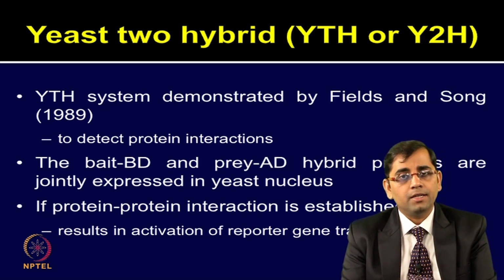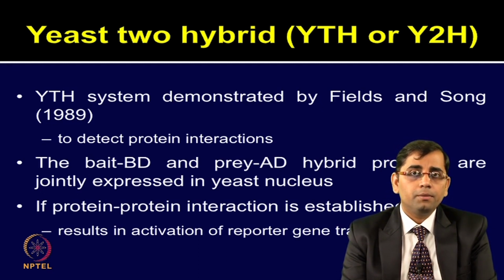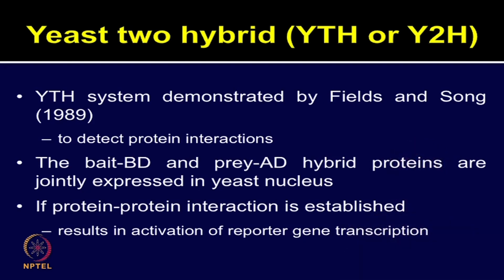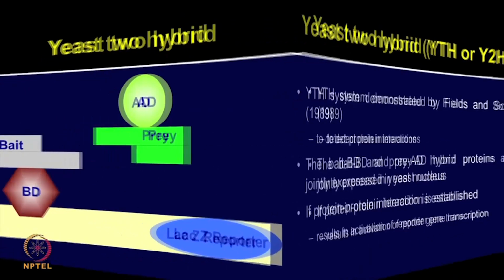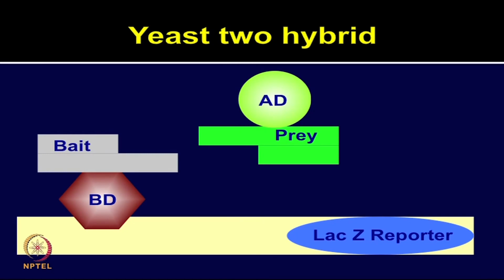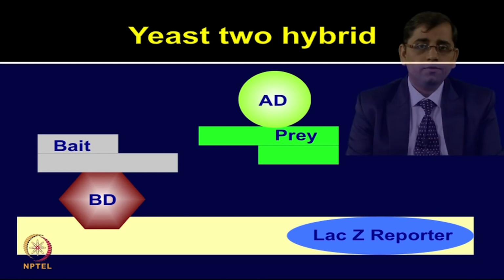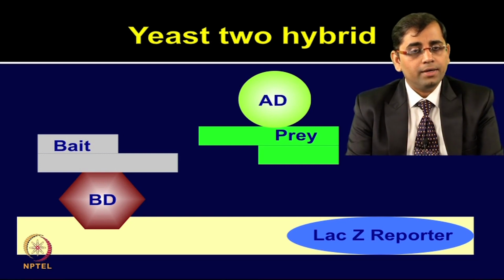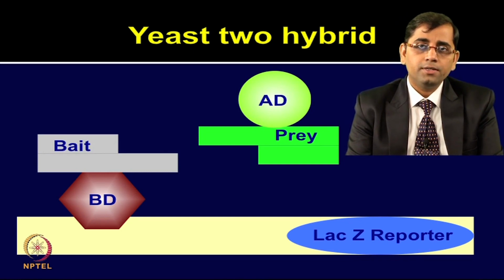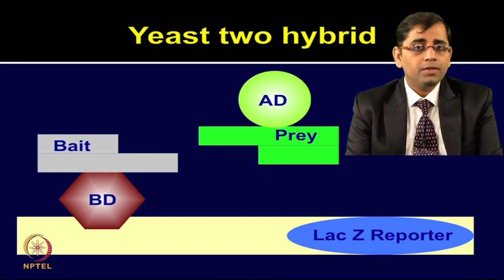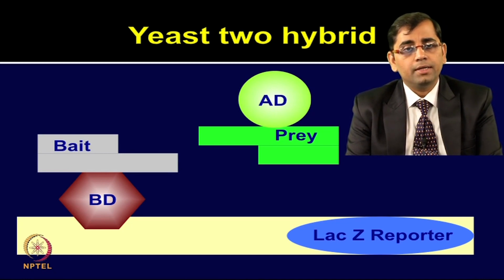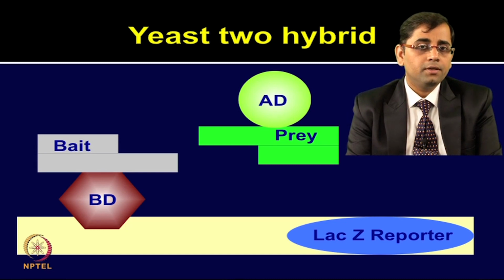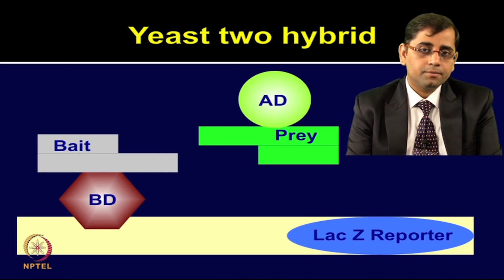If protein interaction is established between the bait and the prey, which are coupled with BD and AD domains, then transcription will occur. As you can see in this slide, the transcriptional activator for the two-hybrid system consists of two protein domains. One is the DNA binding domain, which remains bound to the promoter region and is fused with a suitable bait protein whose interaction with another protein is required for study.